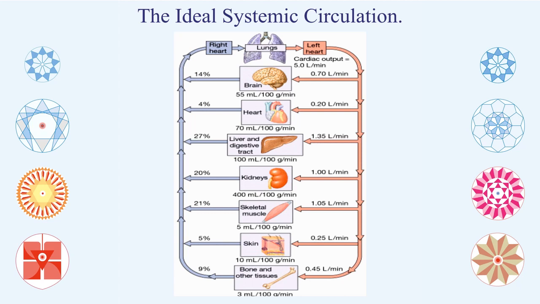Liver and digestive are equally important. Brain is the master control. Heart is the one which takes care that we survive. Liver and digestive system is very important because whatever is required for the 100 trillion cells has to be produced by that.